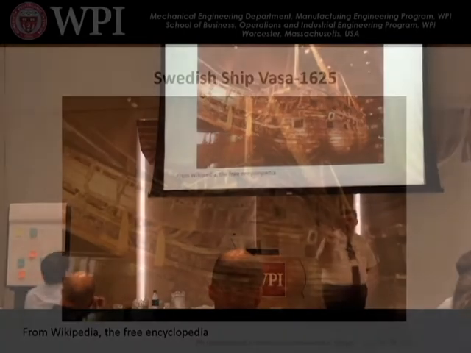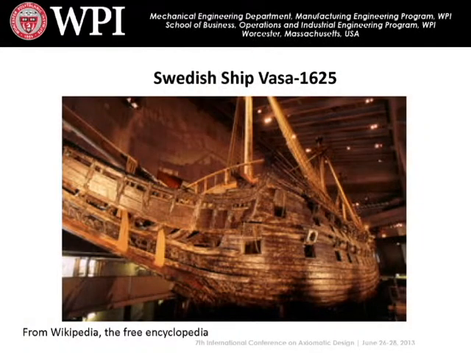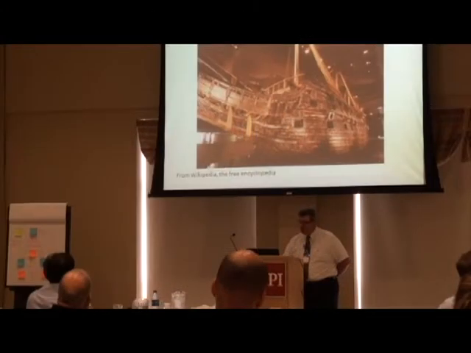So this boat actually exists. They found it in 1967, I think, and then they raised it in 1997, and it's in a museum over in Sweden somewhere. And it's just a great example of not understanding the functional requirements and the design parameters and how they interact.